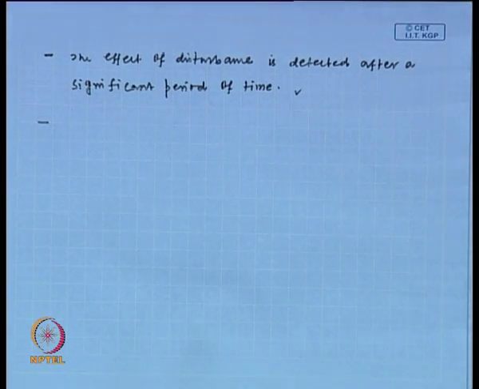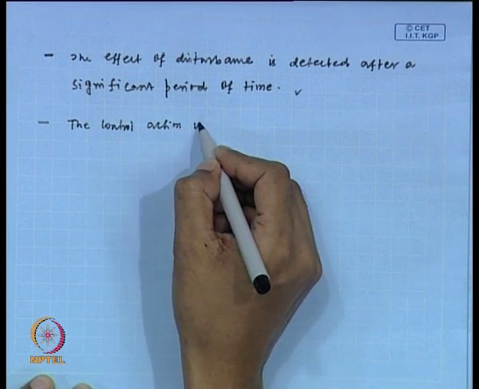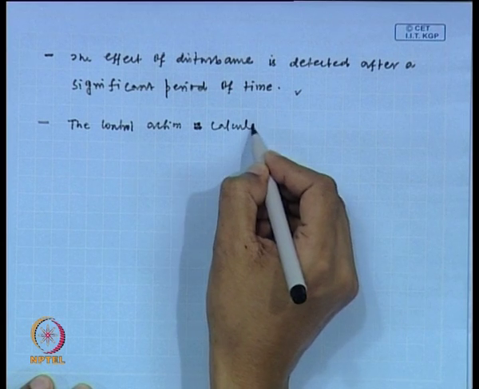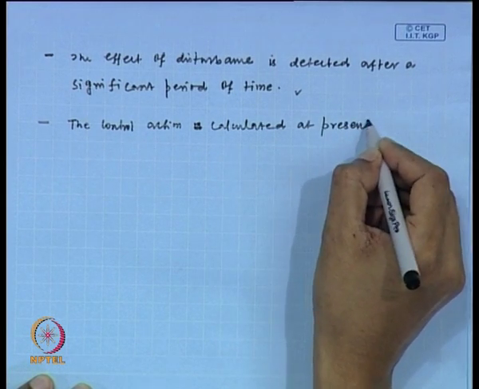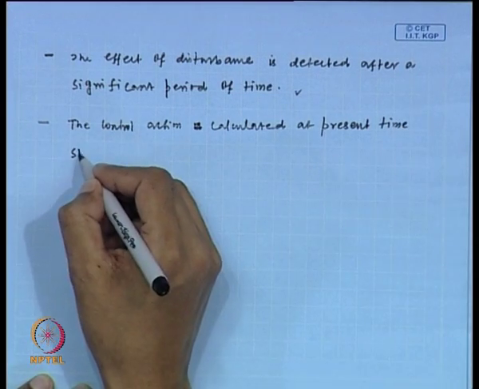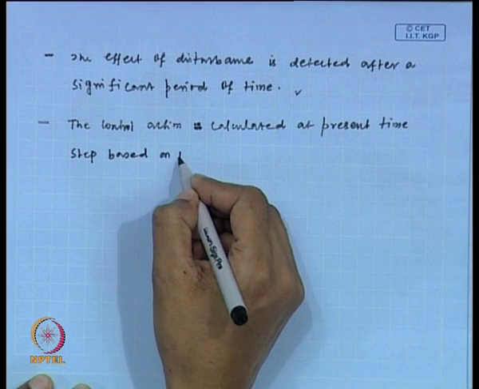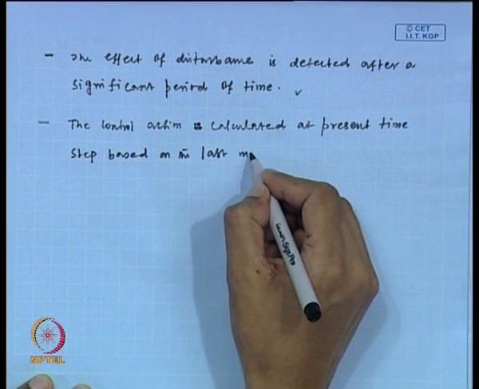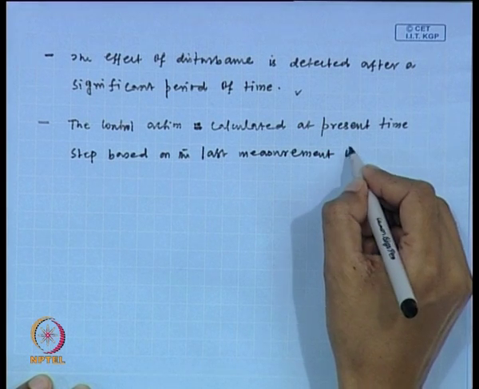Second reason is the control action calculated at present time step based on the last measurement is inadequate.